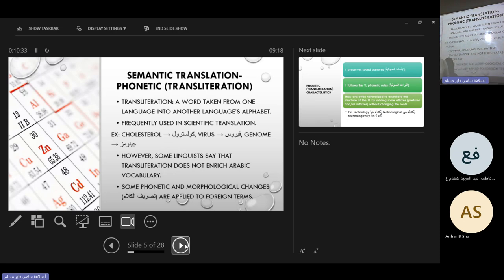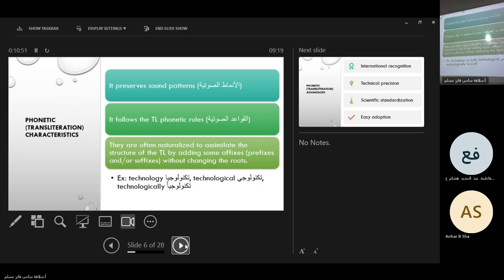Why? We said that even if it's literal, we need to provide something that is structurally correct in the Arabic language. That's why we make some changes. So, transliteration, what are its characteristics?